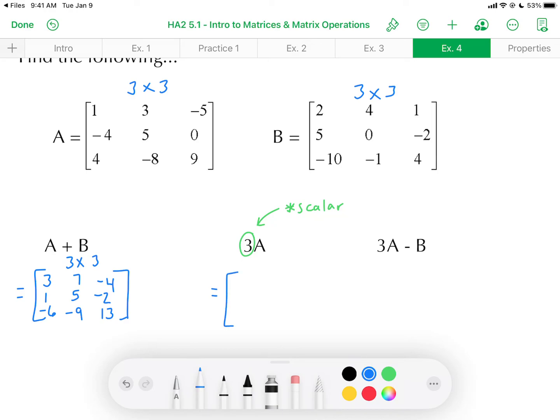So you'll get a 3 by 3 again with elements in the first row of 3, 9, negative 15. In the second row of negative 12, 15, 0. And in the third row of 12, negative 24, and 27.